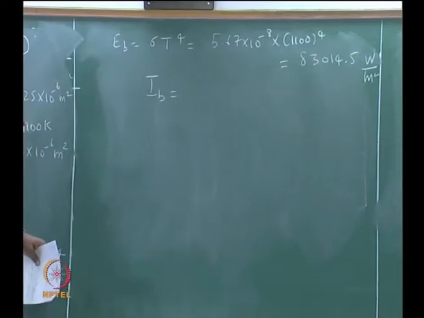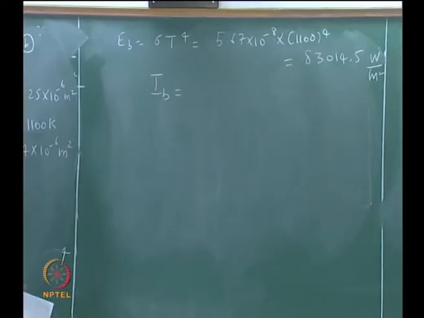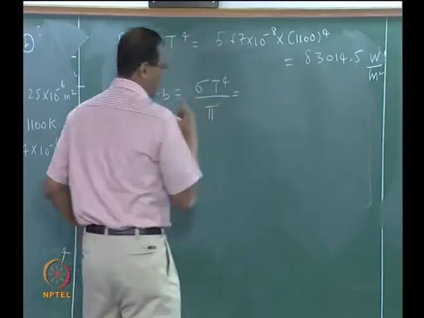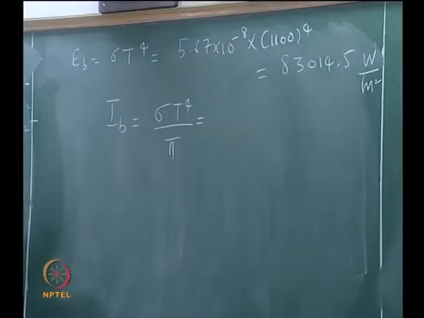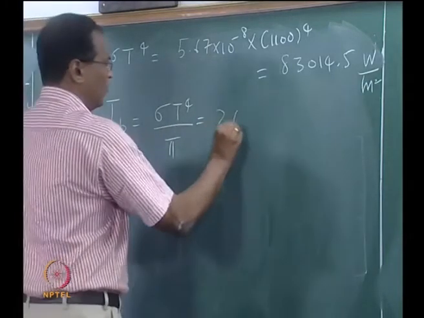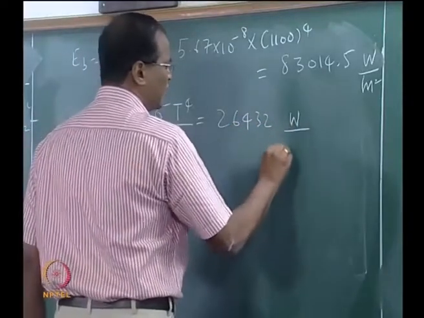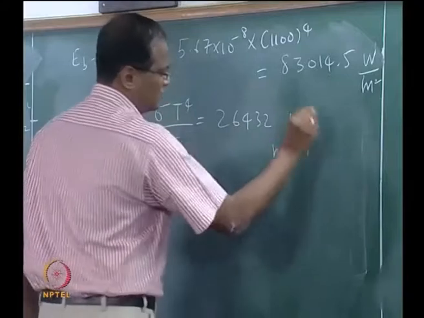IB is equal to sigma T to the power of 4 by pi, correct. You can keep it like that, but for the sake of completeness let us do it. 26,000 watts per meter square per steradian, good.